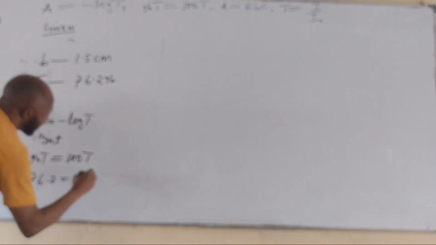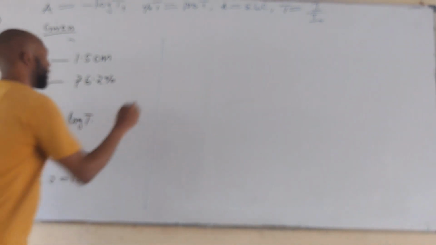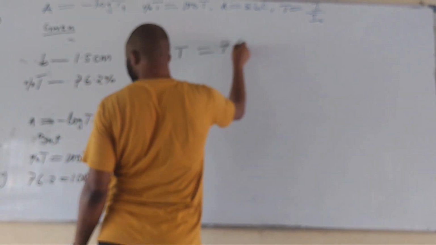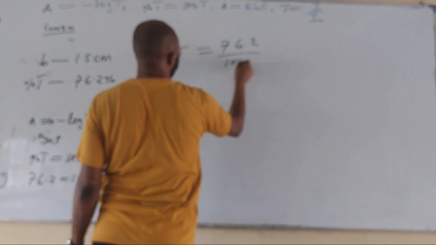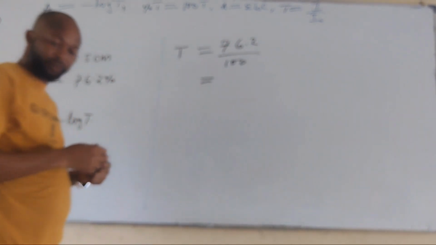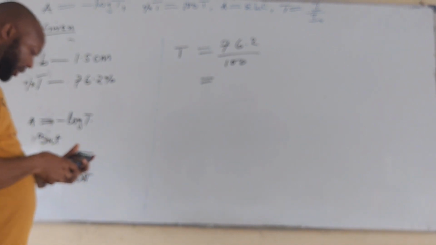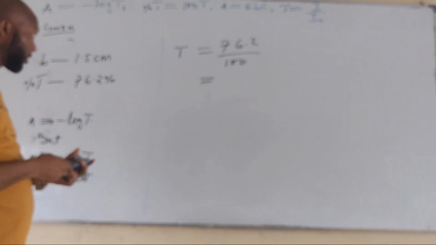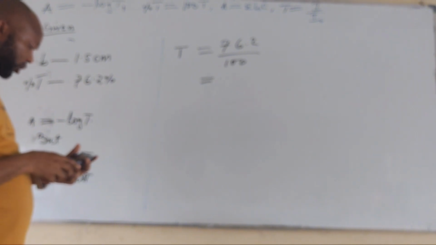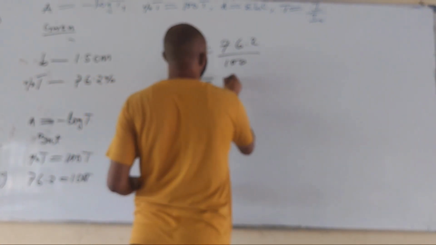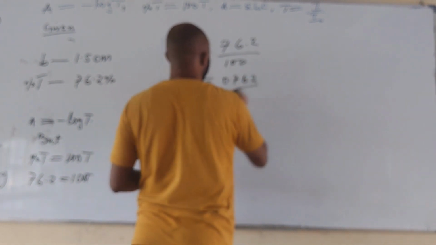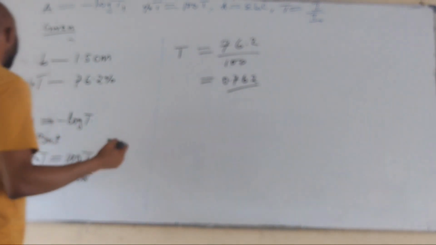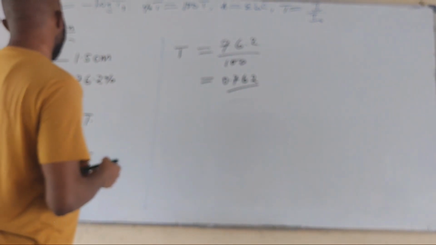If the percentage is given to be 76.2, then our T is equal to 76.2 over 100, which is 0.762.